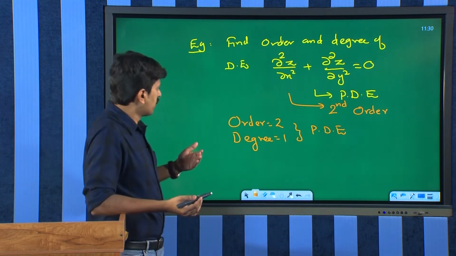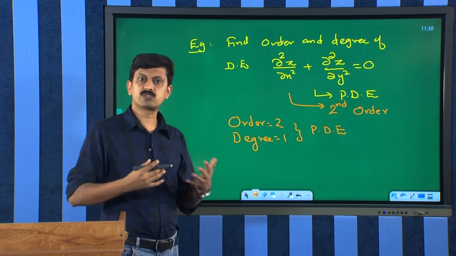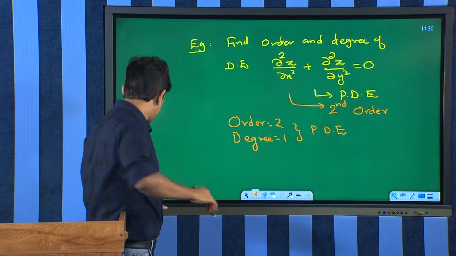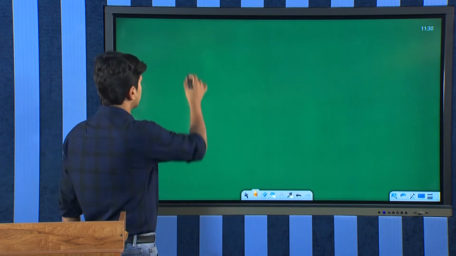So, while evaluating order and degree, many cases may exist. I would like to write one more example.